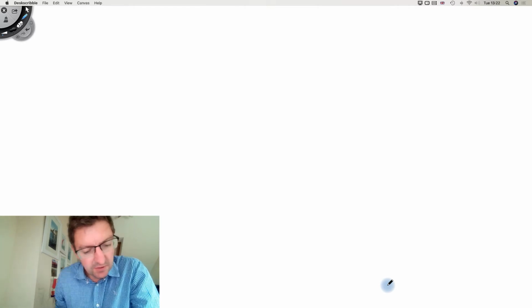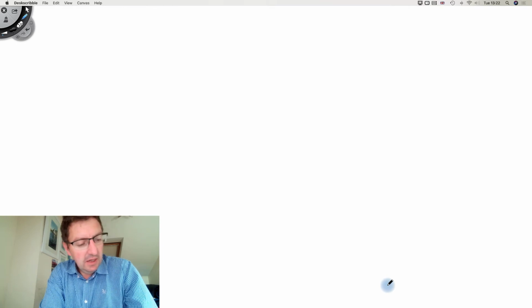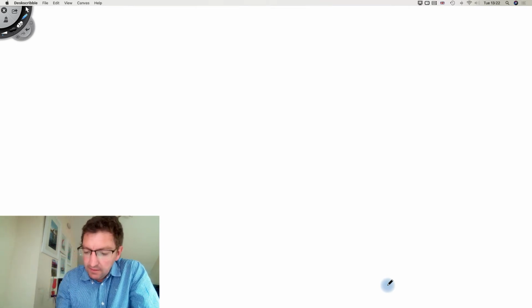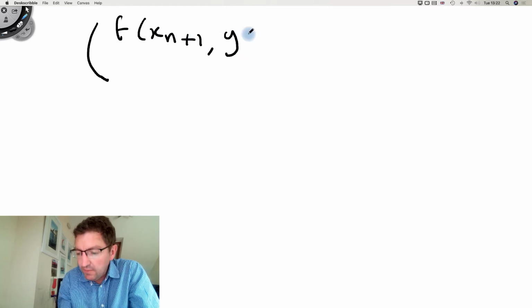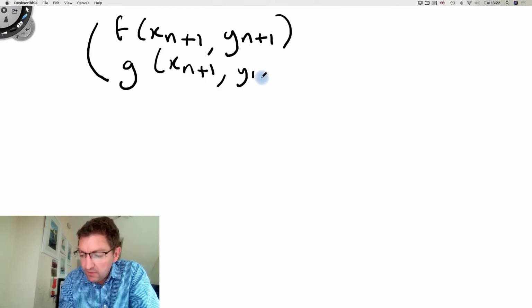So here we go. I'm just going to write it down, and then we should be able to see the links with the 1D method. So we're now iterating two functions. So we have f at x n plus 1, y n plus 1, and g of x n plus 1, y n plus 1.